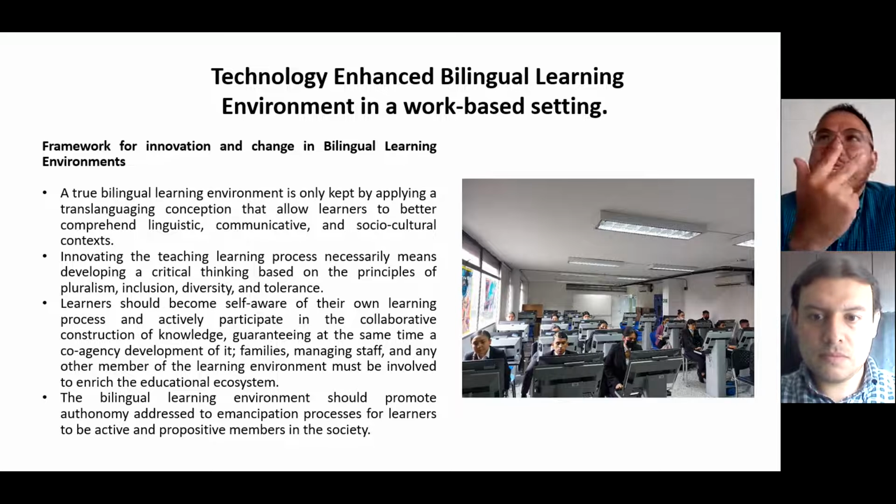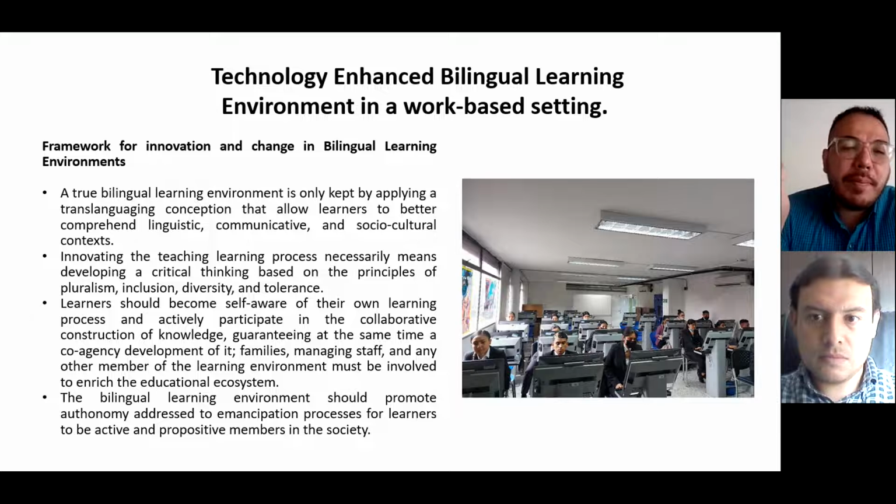So this concept has to be integrated not only into the lessons but also in the full conception of the learning environment.